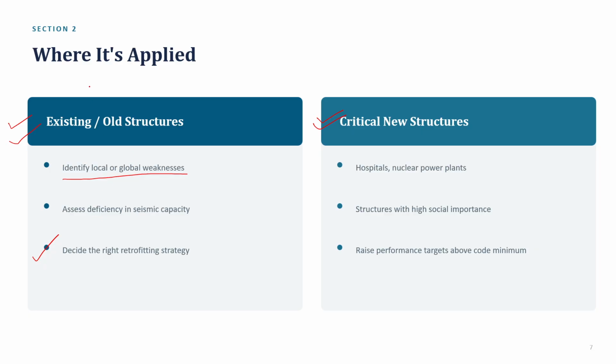With the help of this philosophy, we can identify which columns, beams and joints are weak and work on them. In case of new structures that have very much importance after the earthquake, like hospitals and power plants, those structures with high social importance, we can raise their performance by designing using performance based design.